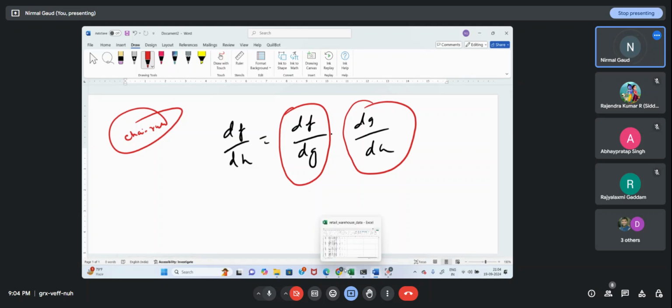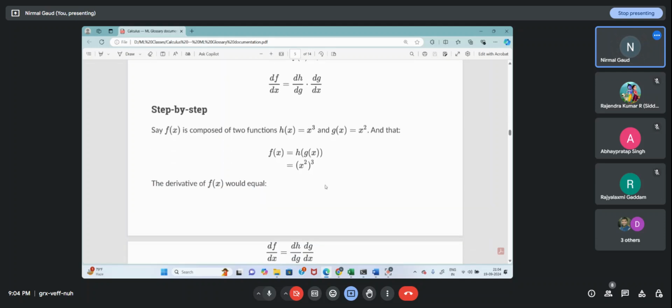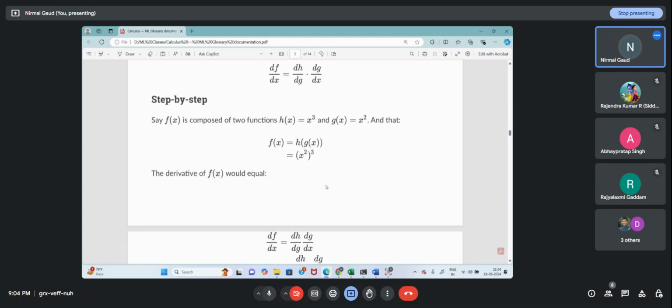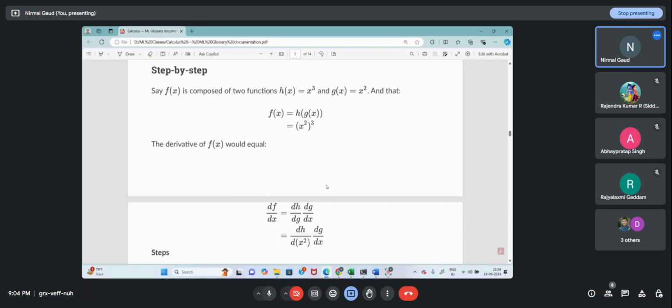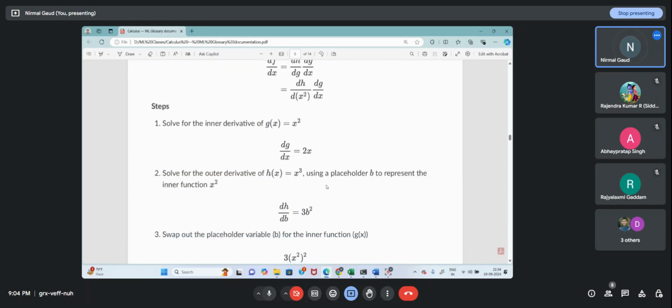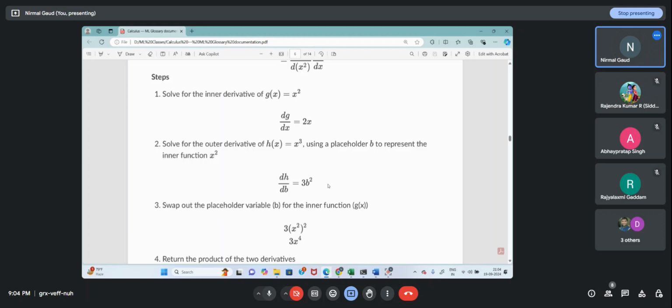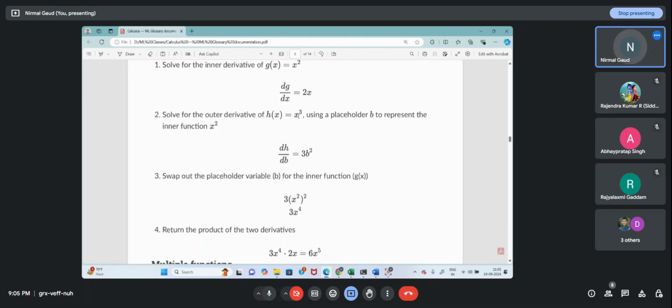Later I will tell you it has a good scope in deep learning. Here you have one more example. Differentiation of x square is 2x, and for x cube it is 3x square.